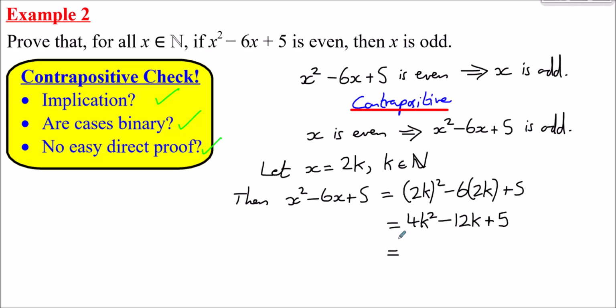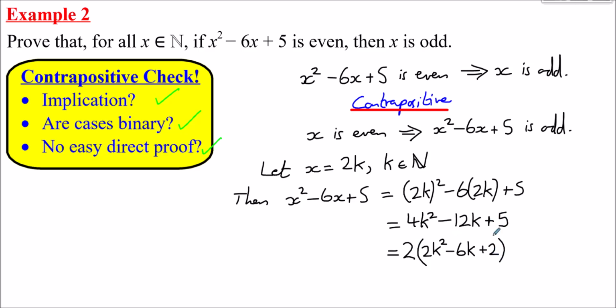So let's factorise out a 2 to emphasise we're going to have something which is an even number. So 4k squared, inside the brackets we can put 2k squared, minus 12k. If we halve minus 12k we get minus 6k. And as well, I'm going to put 4 inside the brackets by doing 2 multiplied by plus 2.